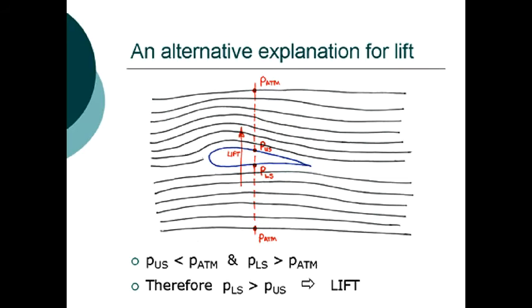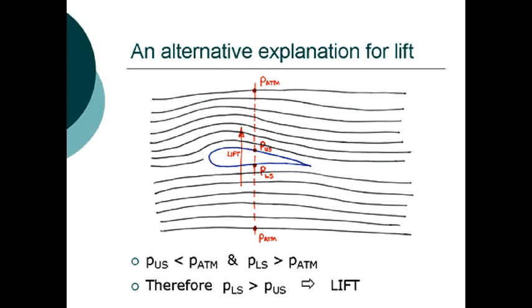And now we do the same on the lower surface. And again, we move up. At first, the streamlines are straight, so the pressure on both sides is the same. But then, gradually, we start noticing that they're a little bit curved. This time, we're moving from the inside to the outside of the sense of curvature. And that means we're moving from the low pressure to the high pressure, because the pressure is always high on the outside.